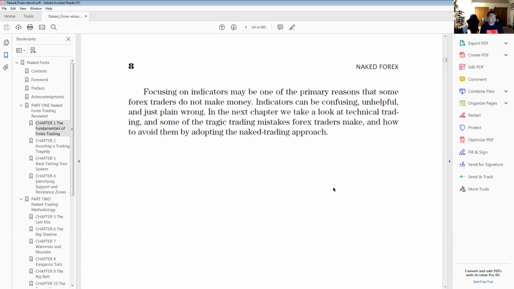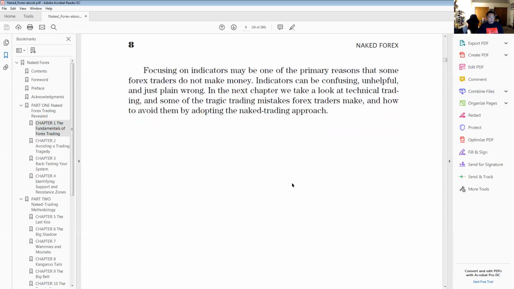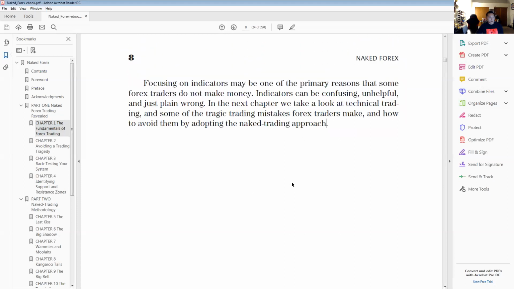That's the most important thing. They even talk about how indicators are confusing and why forex traders don't make a lot of money: because you're looking at the wrong places in trading.